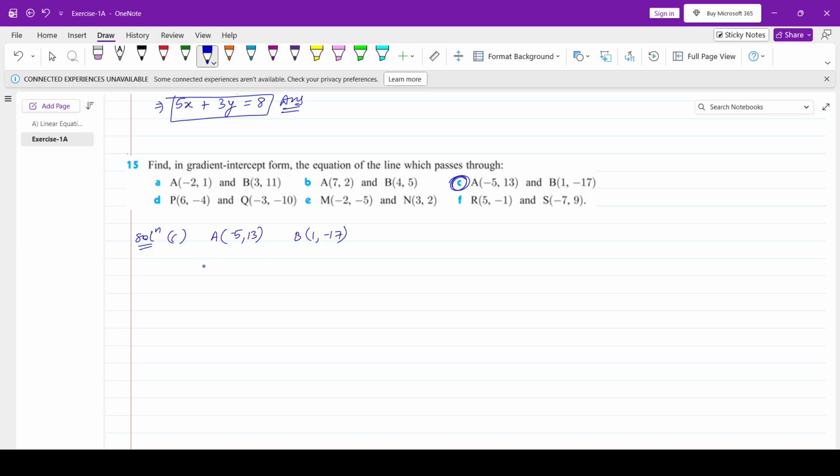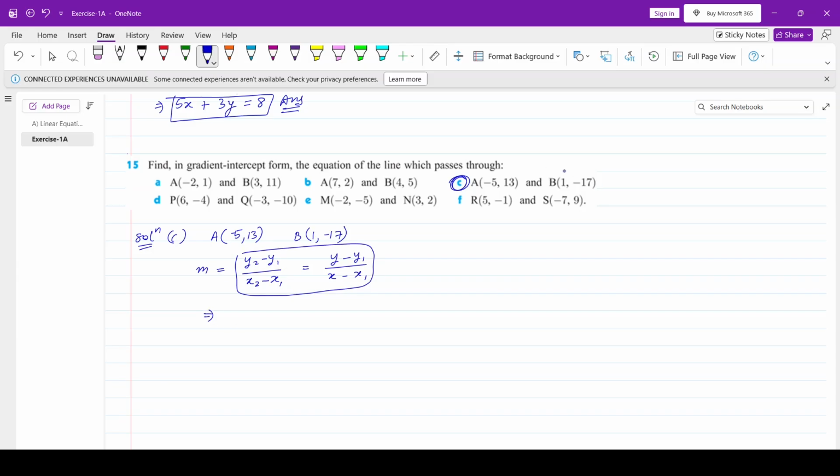We know that gradient can be written as y2 minus y1 divided by x2 minus x1. And it can also be written in the form y minus y1 divided by x minus x1. So taking these 2 forms, we can find the equation.